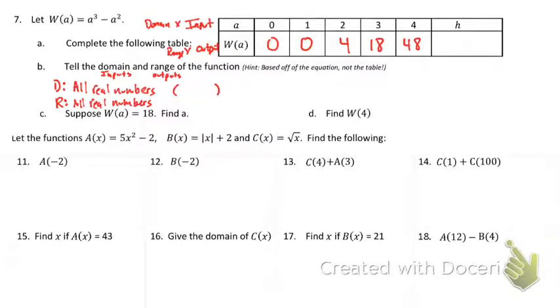All real numbers looks like this. Get used to this. What this means is I can plug in anything from negative infinity all the way up to positive infinity. If you think about that, that's basically all the numbers in the world I can plug in for A. So that's one way to say it.